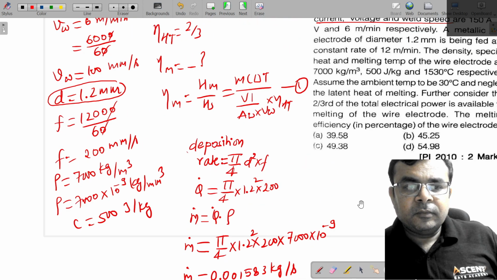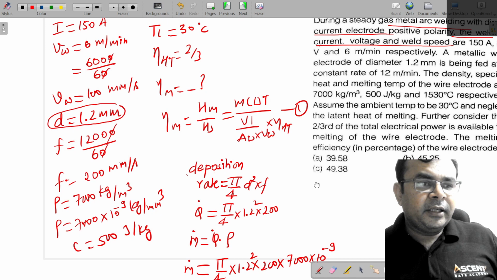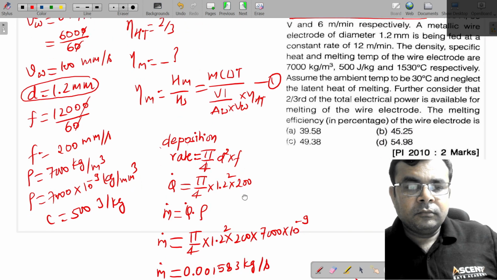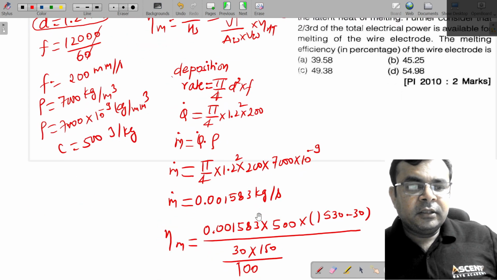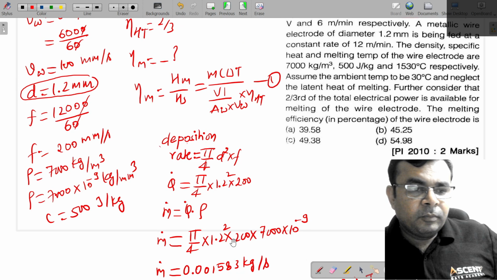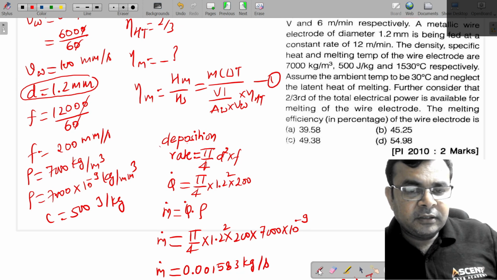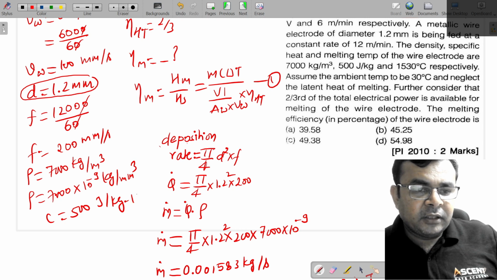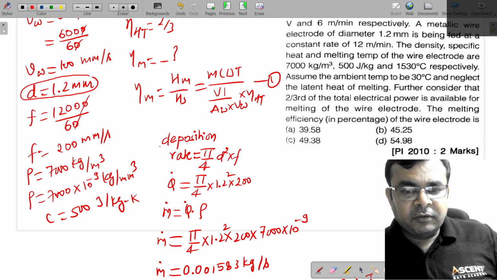Correct. And what about area? Okay, if I talk about its unit, then it will be in joule. And dot, so this is kg per second, this is joule per kg, so kg cancel out. And delta T, joule per kg, actually per kg Kelvin should be there. Is it clear? Now it is correct.